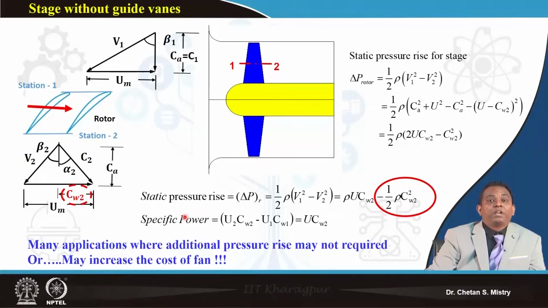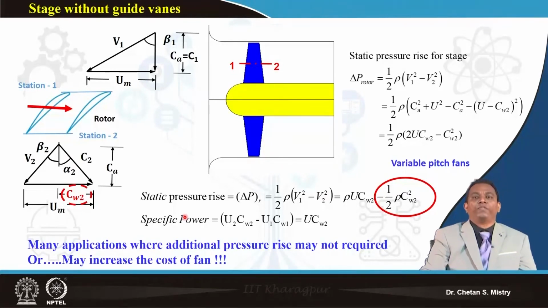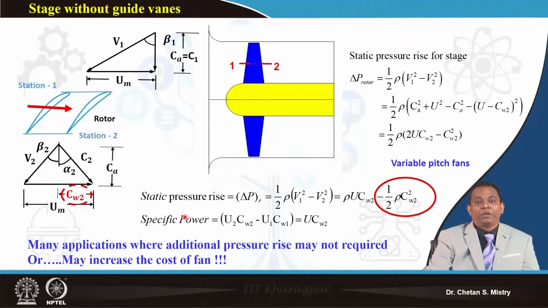These days people are working on another configuration, called the variable pitch fan. This variable pitch fan is not a new concept; people have already explored it. Many times, in order to change the flow through a wind tunnel, we used to change the angle of our blade so that we can increase or decrease the speed through the test section.